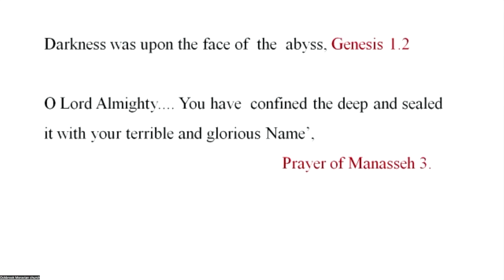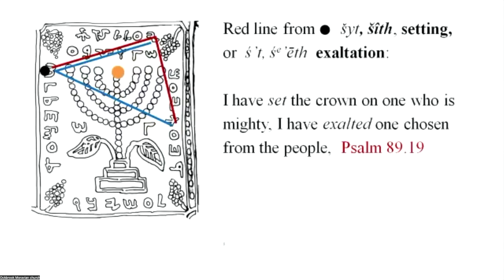And then from the prayer of Manasseh, which is a little tiny text that's included in the Apocrypha, O Lord Almighty, you have confined the deep, the abyss, sealed it with your terrible and glorious name. They believed that it was the sign of the presence of the Lord, the cross, that actually subdued the powers of chaos.